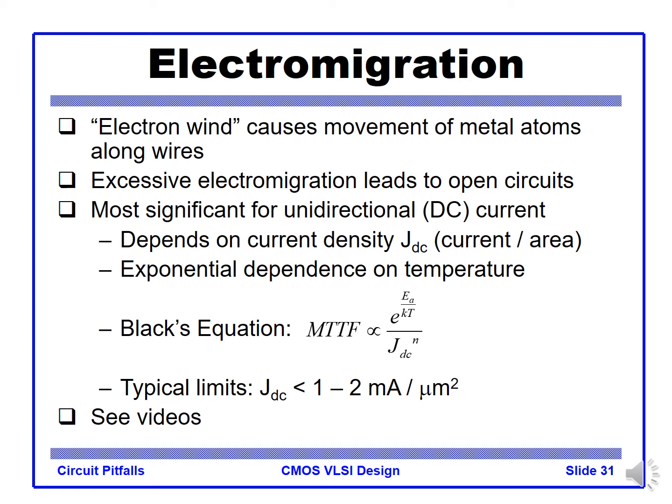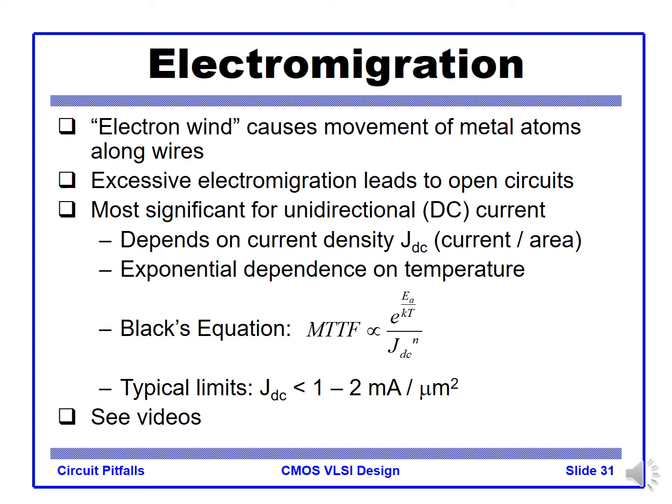Excessive current or too much stress on a very thin line may cause the metal line to wear out, so it will be broken. It all depends on the current density through the area. If the current density is too high, then the metal line might be broken.